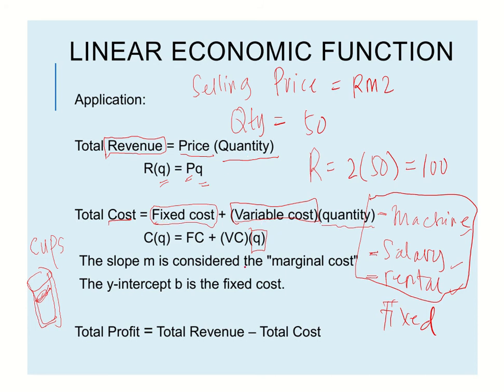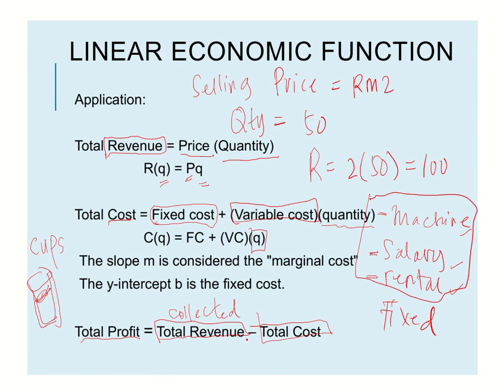Now, how to find the profit? Of course, the profit will be the total revenue minus the total cost. The money you collected minus the money you pay for the cost. If you have extra after subtracting, that will be the profit.